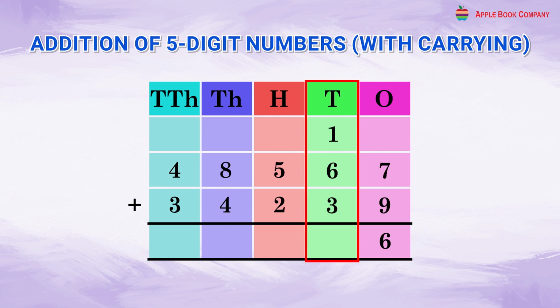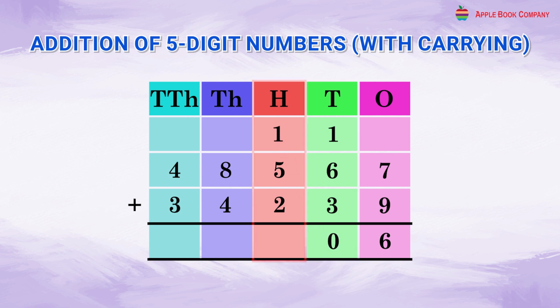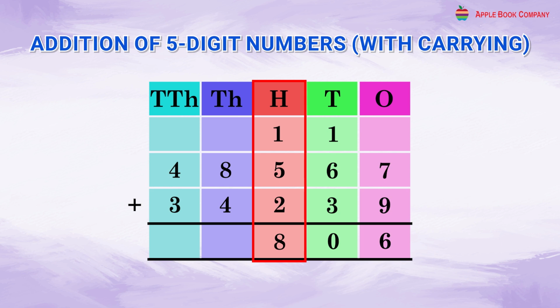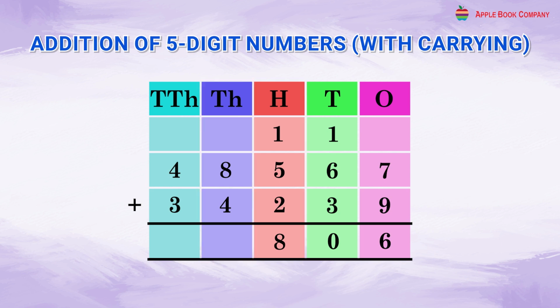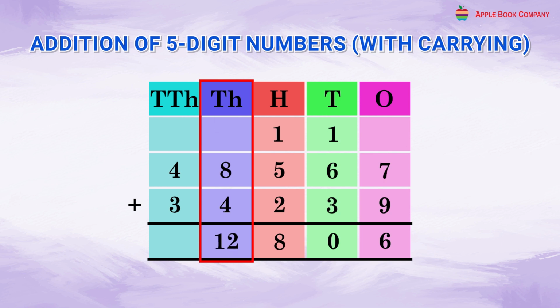In step 2, add the tens. 1 plus 6 plus 3 is 10 tens. That is 100 plus 0 tens. Carry over 1 to the hundreds place. Step 3. Add hundreds. 1 plus 5 plus 2 is 8 hundreds. In step 4, add thousands. 8 plus 4 is 12 thousands, which is 1 10,000 plus 2 thousands.